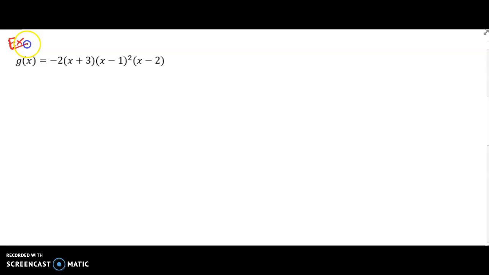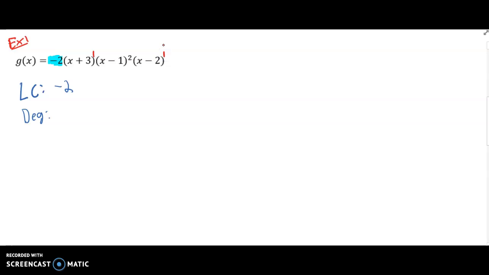Okay, we'll call this example 1. So I want to identify a couple things right off the bat. My lead coefficient is negative 2. And my degree, let's see, there's an exponent of 1 here and an exponent of 2 here, and an exponent of 1 here.